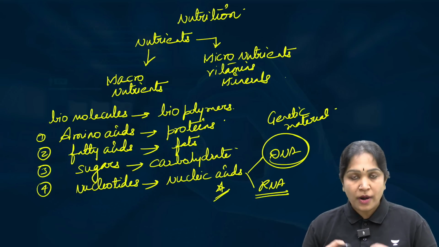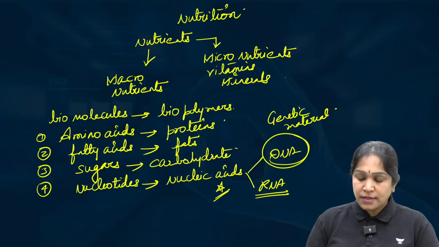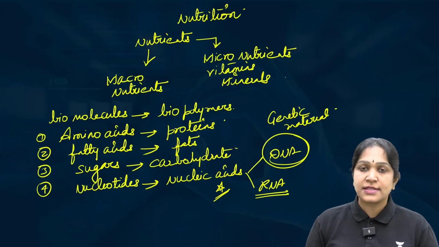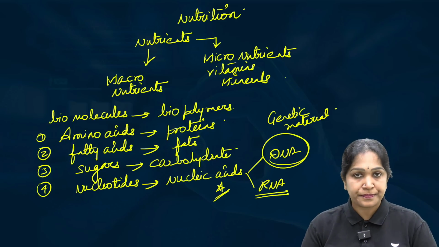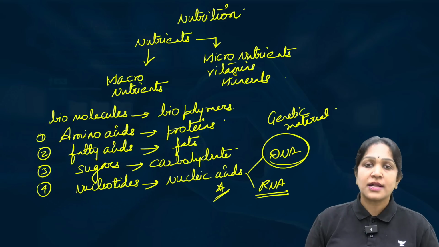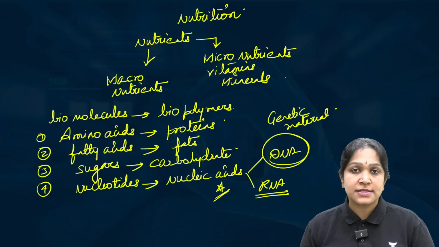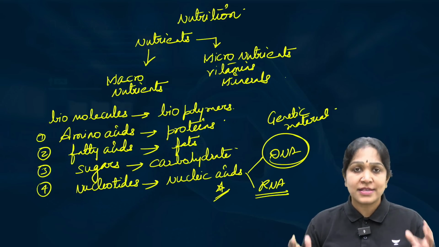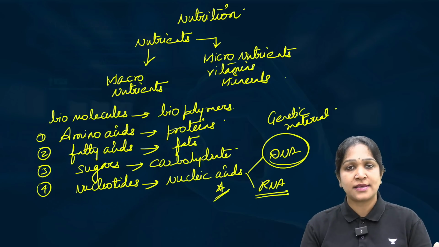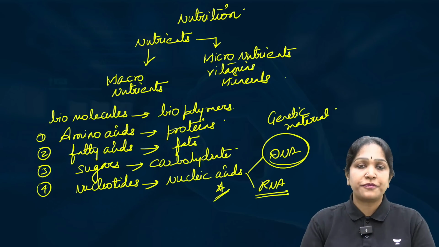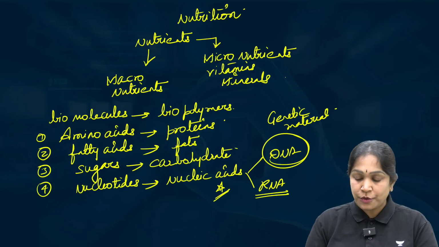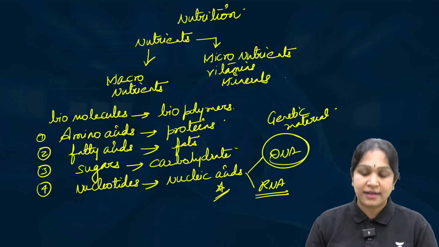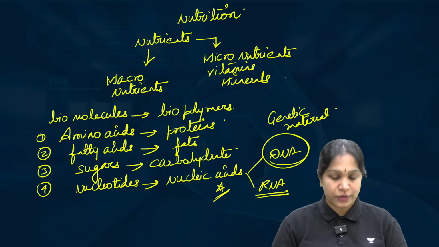Therefore, our body manufactures the total amount of nucleic acids that we need for our survival. Means we need not consume the nucleic acids in our food. This is the reason why we will never listen a nutritionist advising eating a bit of DNA or RNA in your breakfast or lunch. We don't have to consume DNA, RNA, that is nucleic acids in our food.